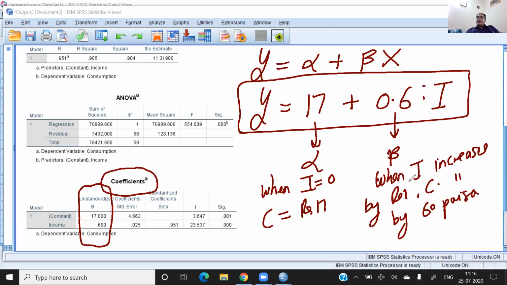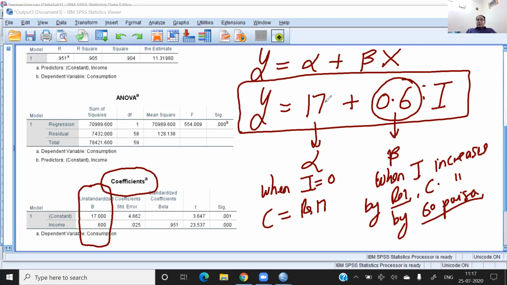So you can see that when income increases by ₹1, consumption increases by 60 paisa, right? So this is the meaning of beta. In this way we define the values of alpha and beta here. So I hope there should not be any problem in understanding the value of alpha and beta.